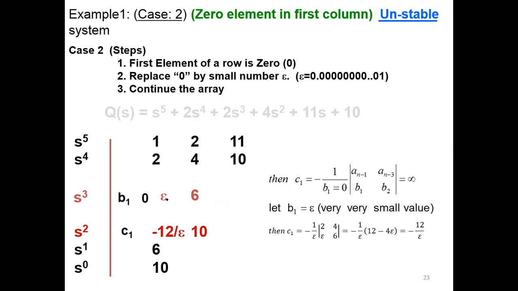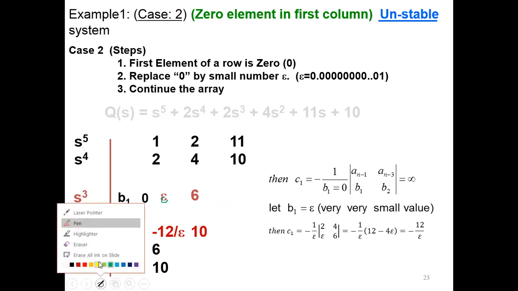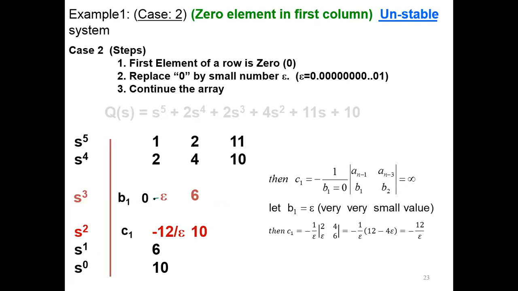We do not know whether epsilon is positive or negative. So let's take epsilon positive. If we have positive, then here we will have a negative value.